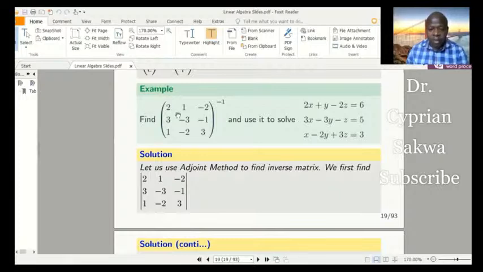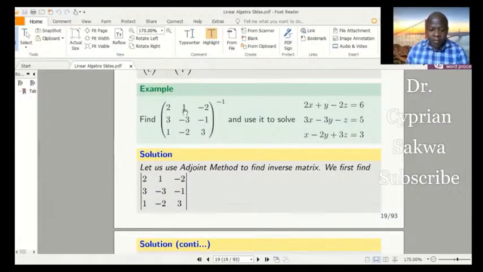Whenever this question is asked, you can see that the matrix here are the coefficients of this. So this is 2, 1, negative 2. This is 3, negative 3, negative 1, and this is 1, negative 2, 3. So whenever this question is asked, you must know that this inverse just comes from this system.